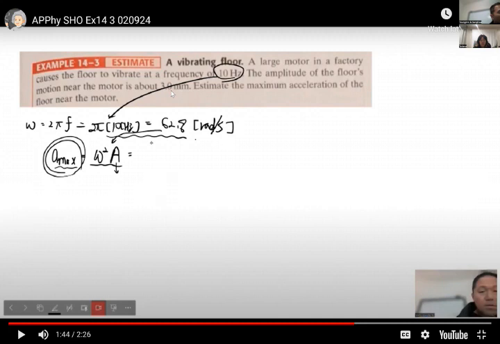Really? Omega is 62.8, right? So you have to square it, and then multiply by 0.003 meter. Oh. So that 3 millimeter is equal to 3 times 10 to the minus 3 meter. I got 11.8. Okay, good.